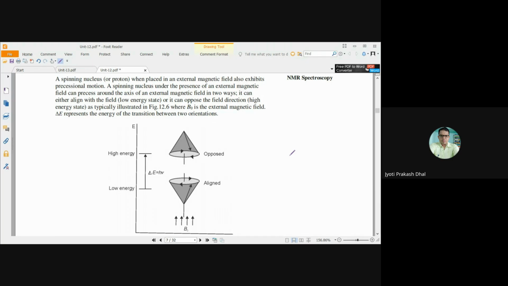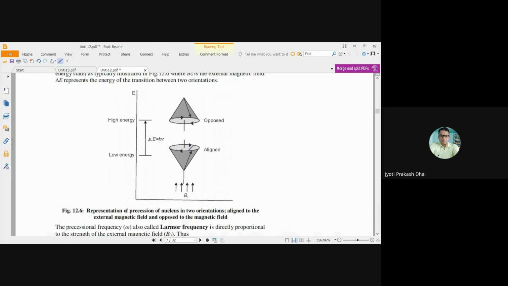A spinning nucleus in the presence of an external magnetic field can precess around the axis of the external magnetic field in two ways.